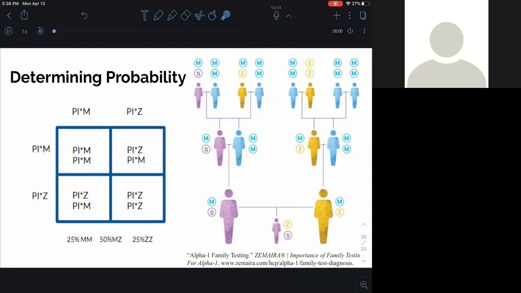However, those with heterozygous genotypes will produce both normal and mutated forms of the AAT protein. However, these individuals are considered to be silent carriers because they tend not to show any symptoms of the disease, and that's because the normal allele is able to carry out the functions even though it's only working at half of what it could be.